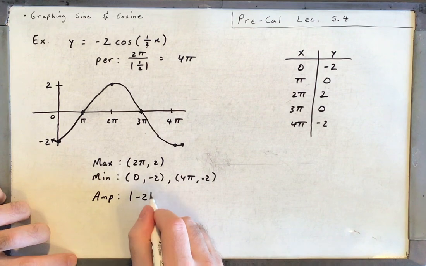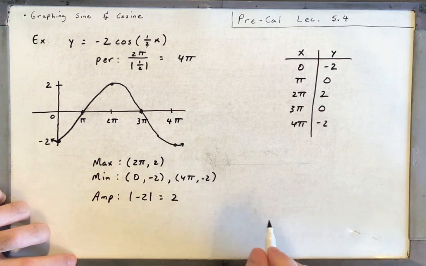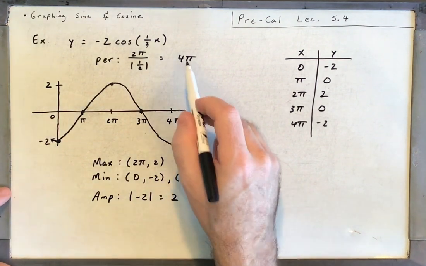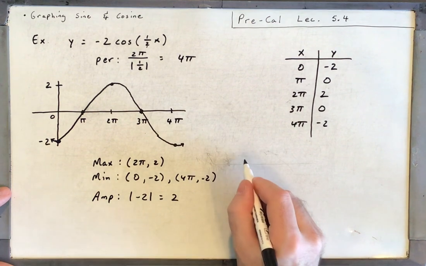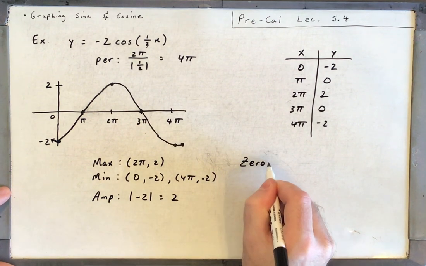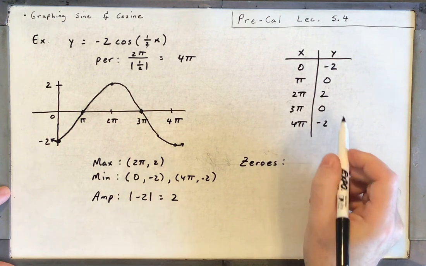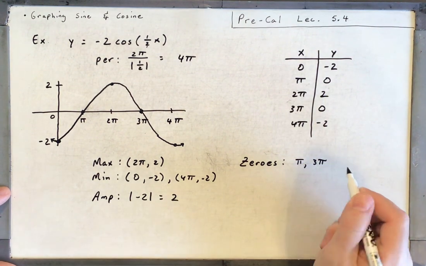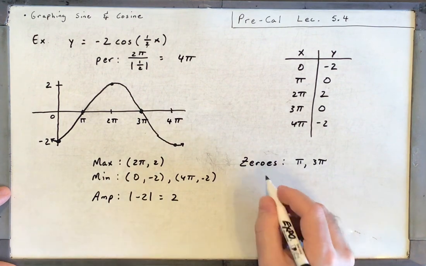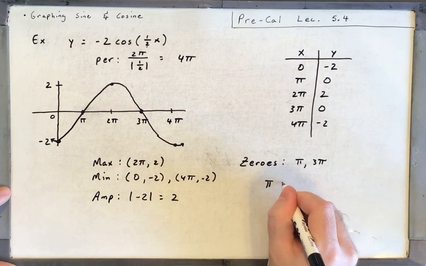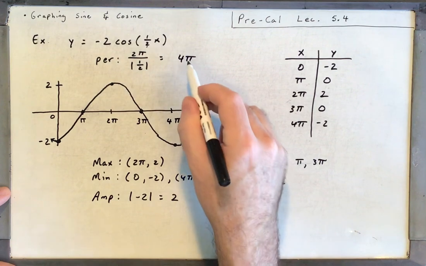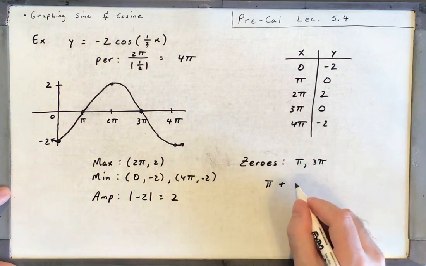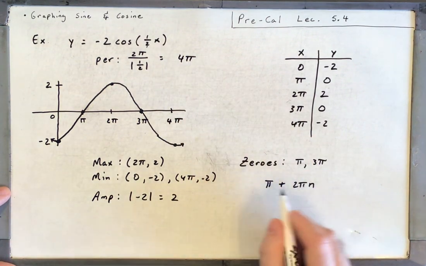So the absolute value of -2, which is 2. We've already figured out our period is 4 pi, and then zeros occur at pi and 3 pi. A way that we can say that would be just take the first one, pi, plus half a period, which is half of 4 pi, would be 2 pi times n.